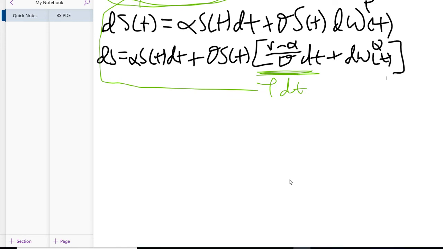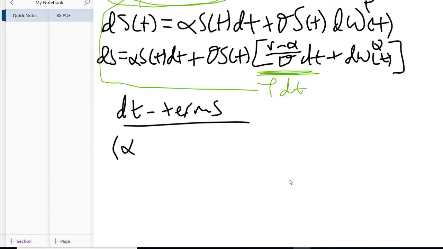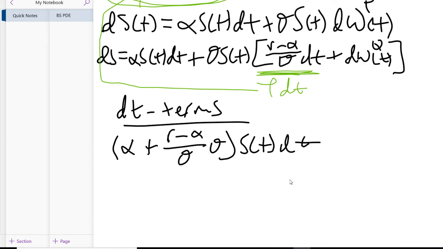So what happens here? Well, when we collect dt terms, you'll see that we'd have alpha plus (r minus alpha) over sigma times sigma S_t dt.